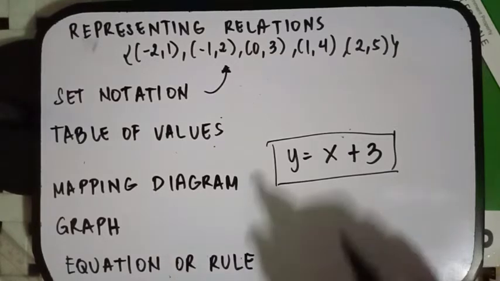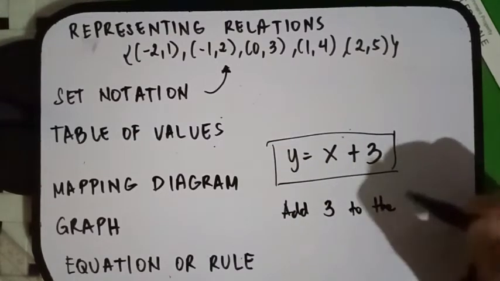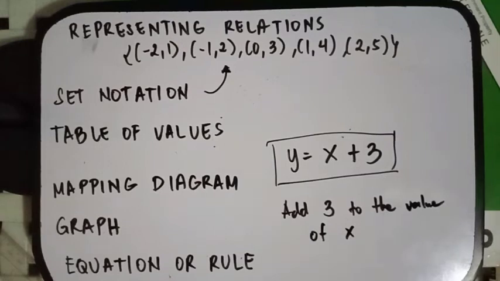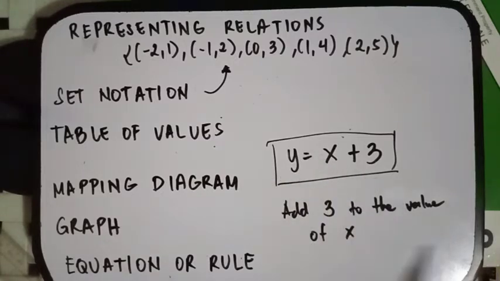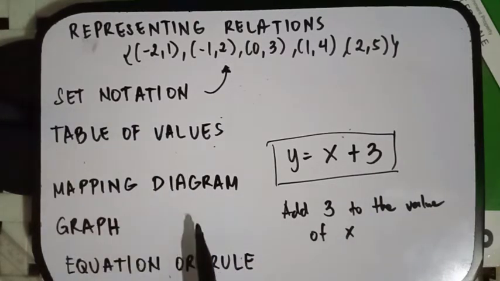So, yung rule natin is add 3 to the value of x. Okay, so this is the rule. Add 3 to the value of x, which means y equals x plus 3. So, yan ang representation ng relations. Okay, set notation, table of values, mapping diagram, graph, and equation or rule.